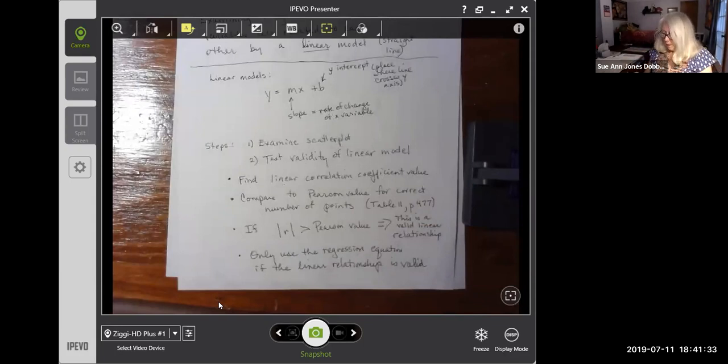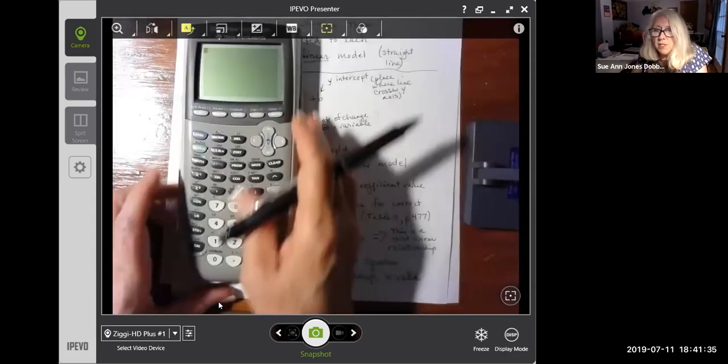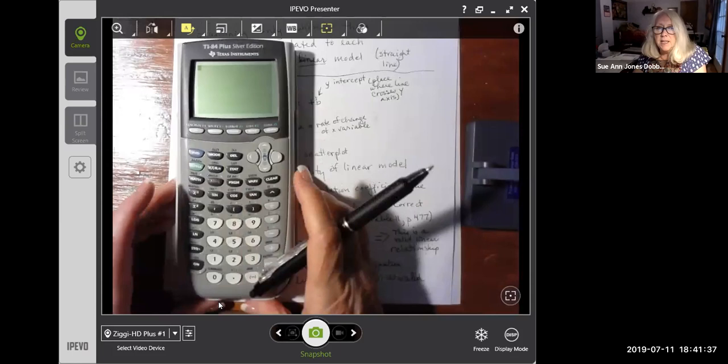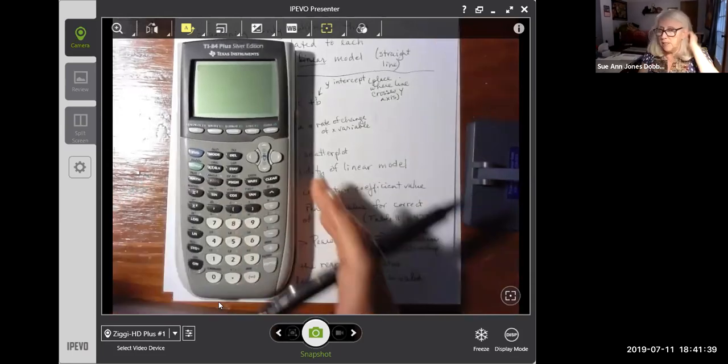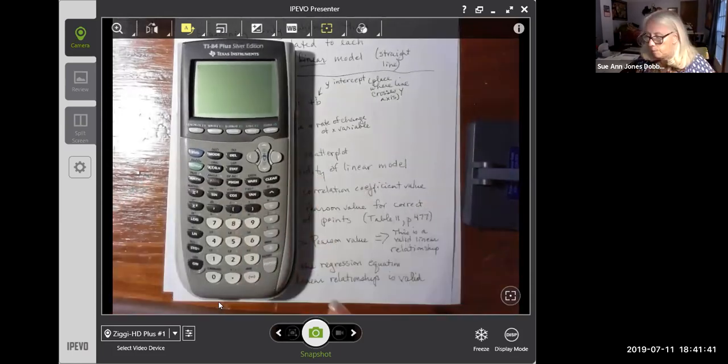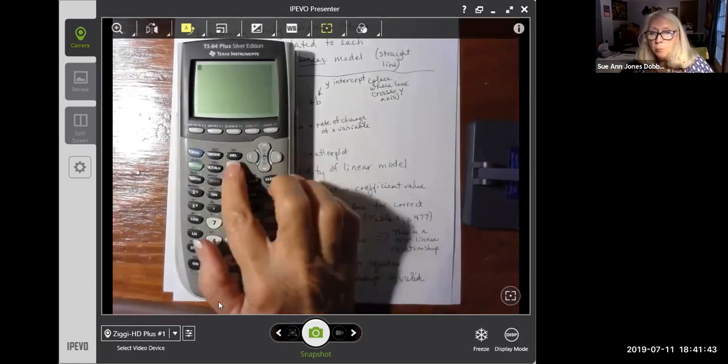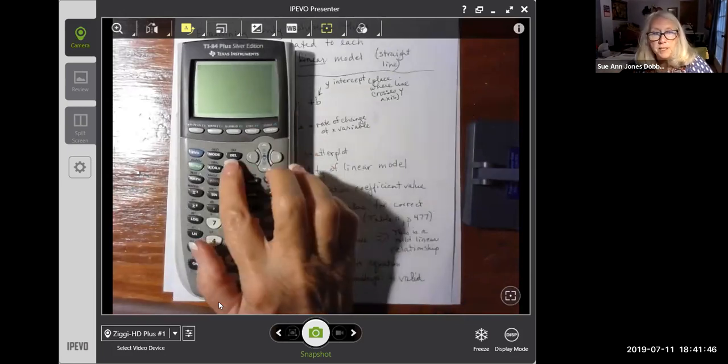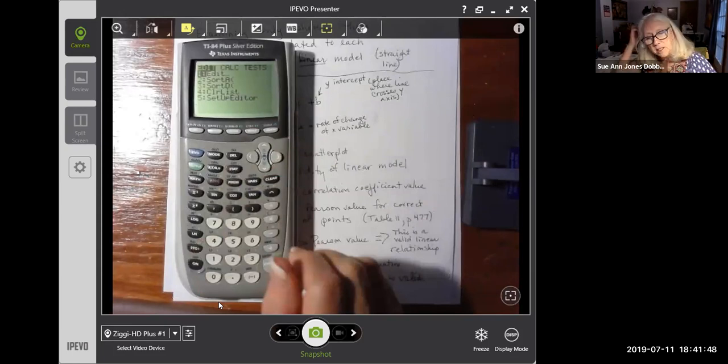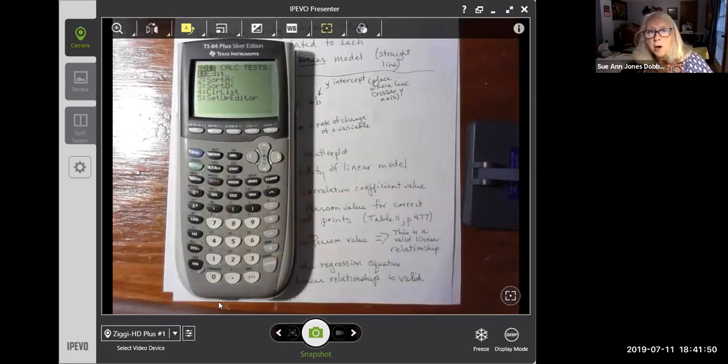Okay, so if you're using the calculator, and I can see these values over on my screen, but you can't see them right now, you'll need to trust me. I'm going to go put the data into my calculator. So I'm going to hit stat, and it's right now on edit, which is what I want it to be on.